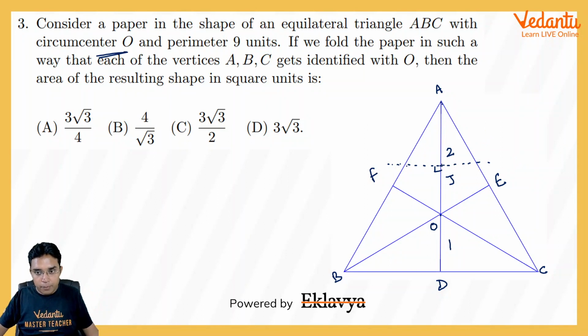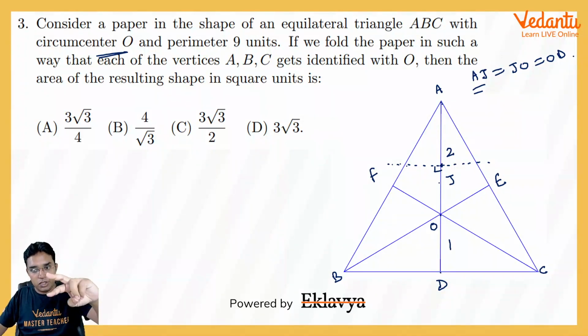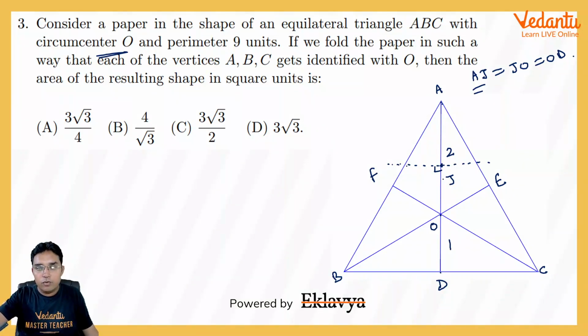So this J point will be such that AJ will be equal to JO and this will be equal to OD. So you can see this entire altitude or median will be divided into 3 equal parts: AJ, JO, OD.